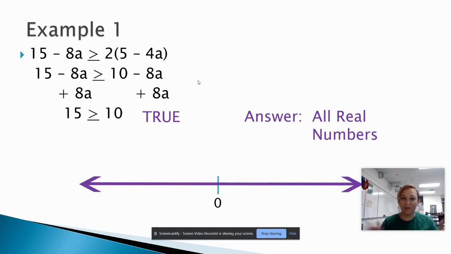So you're going to draw a number line and then you're going to shade it all in, all the way edge to edge. Every single thing is an answer. Okay, so that's how you graph an answer of all real numbers. This was special case number 1. Let's take a look at special case number 2.